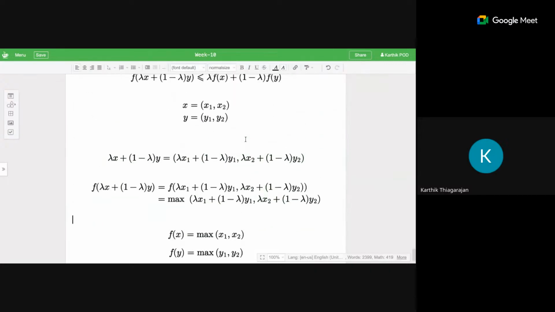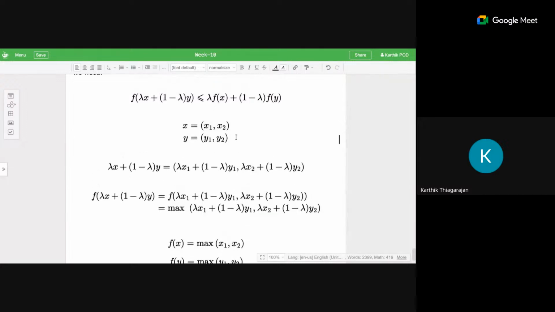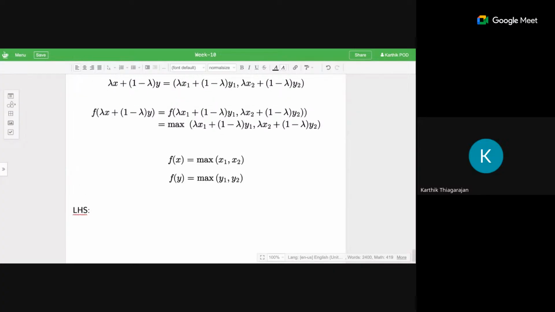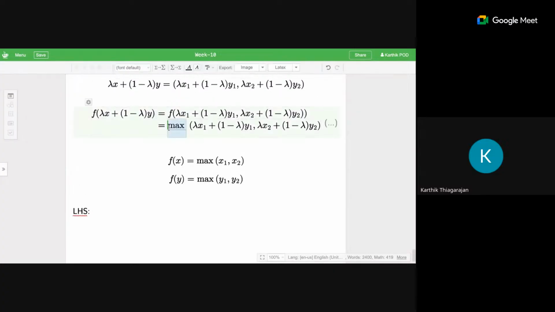So too many expressions. Let's try to understand what we have here. This left hand side, I'll call this LHS. That is this quantity. Okay.